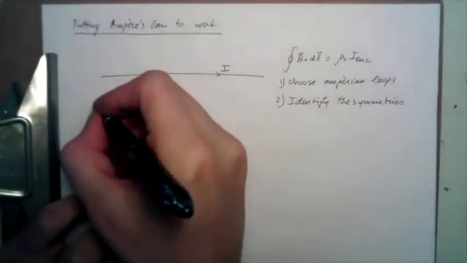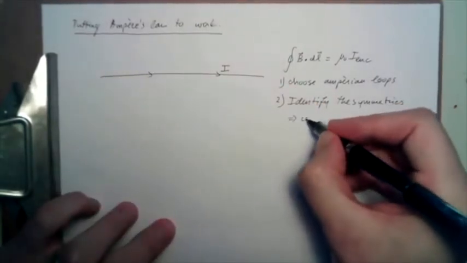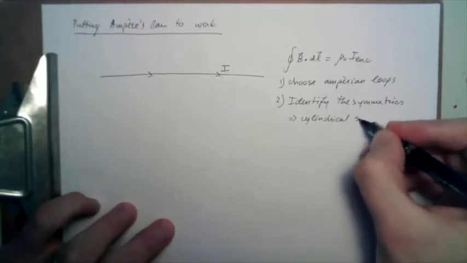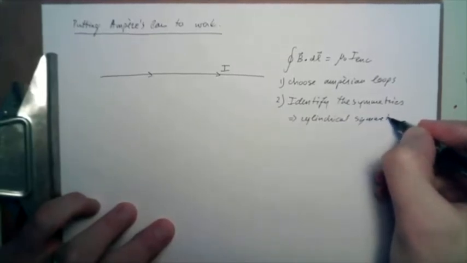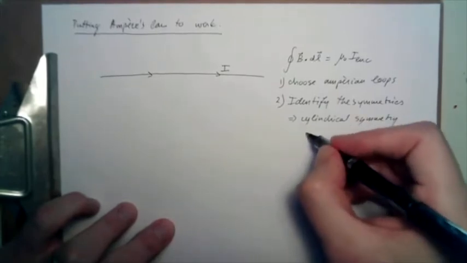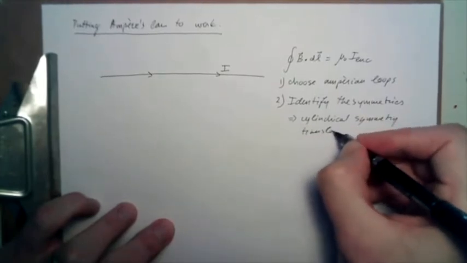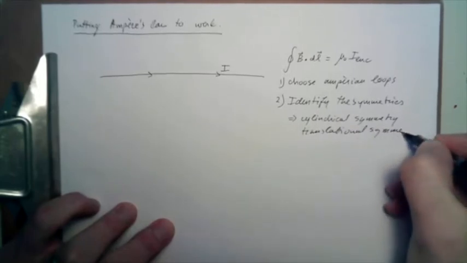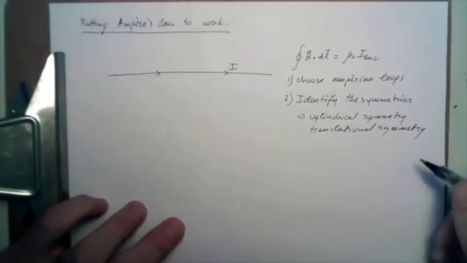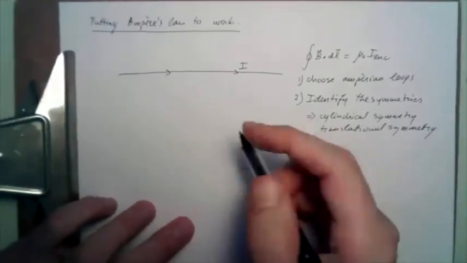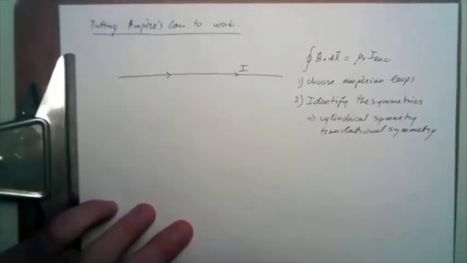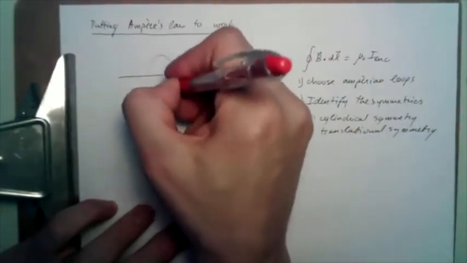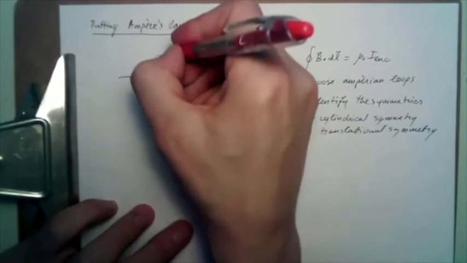So we have cylindrical symmetry and translation symmetry. Okay, so let's do this. We'll take this path.